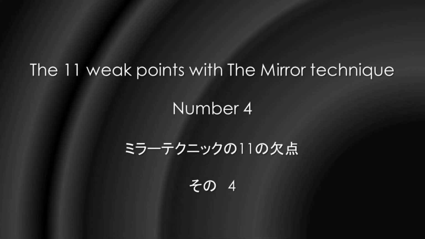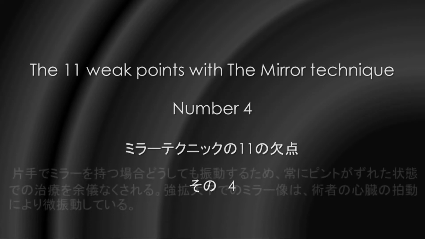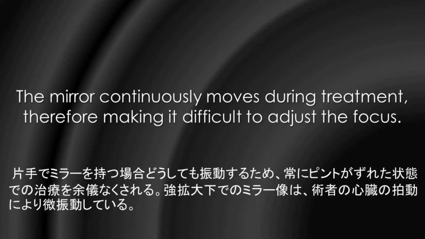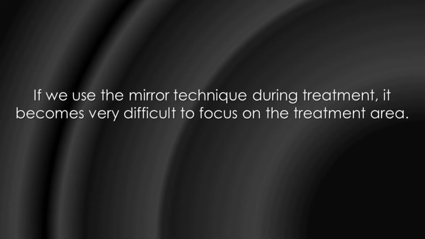The 11 weak points with the mirror technique. Number 4. The mirror continuously moves during treatment, therefore making it difficult to adjust the focus. If we use the mirror technique during treatment, it becomes very difficult to focus on the treatment area.